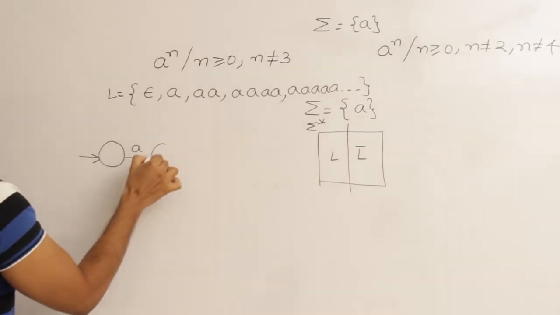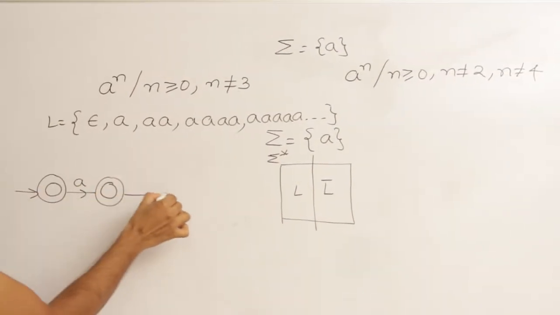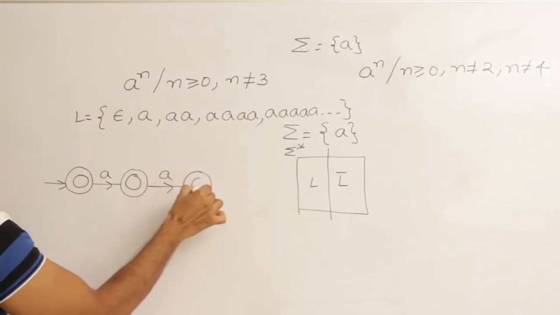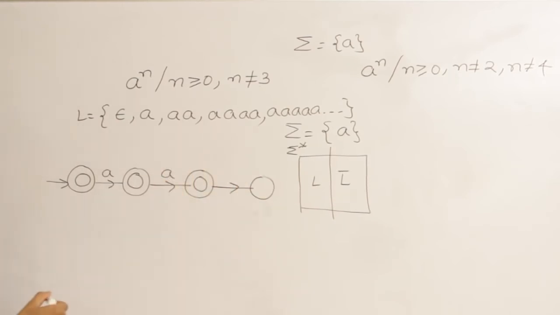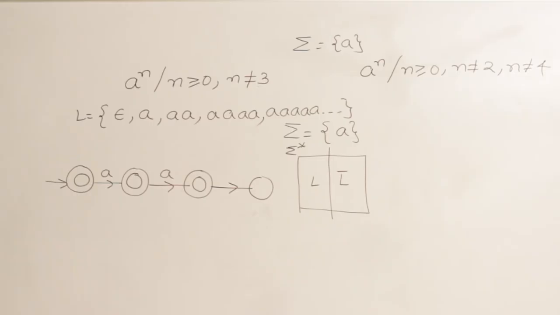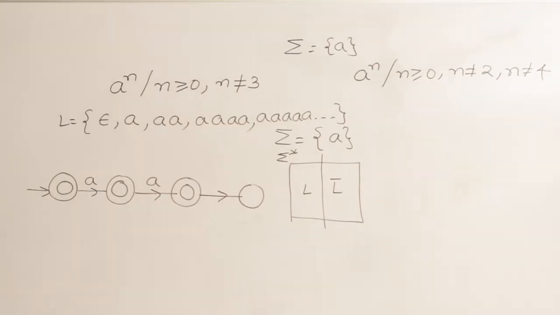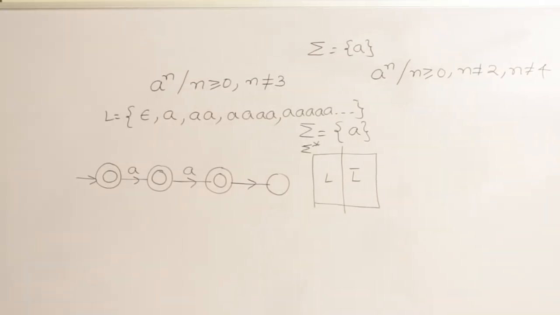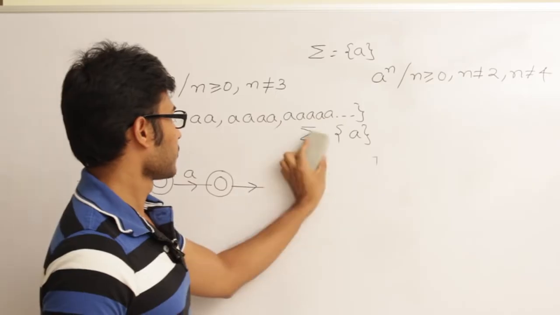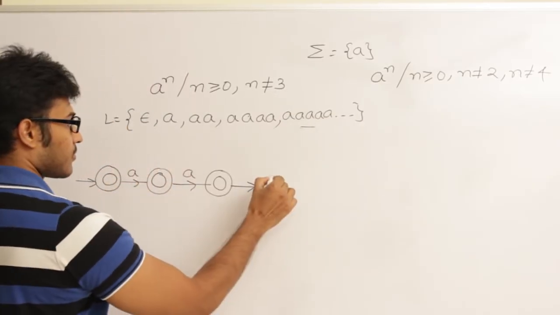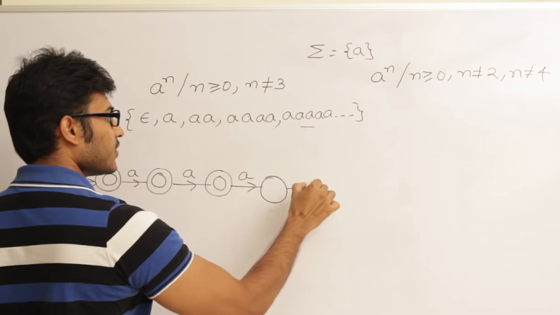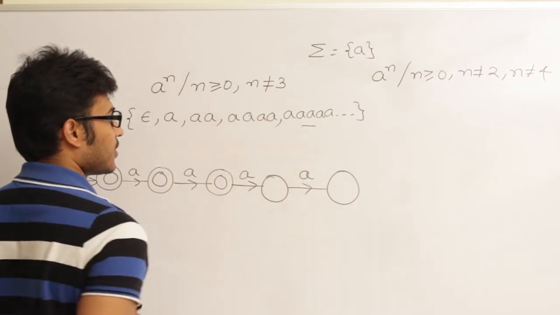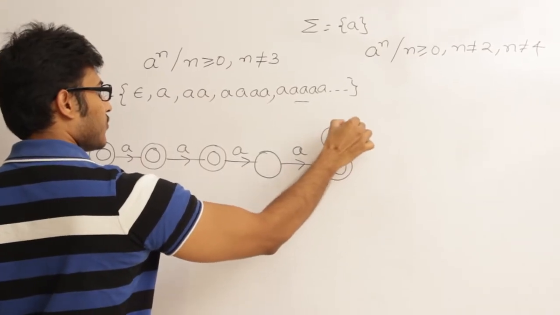So I'll accept epsilon, I'll accept A, I'll accept A square, but I'll not accept A cube, and then I'll accept everything after that. I'll accept A power 4 and so on.